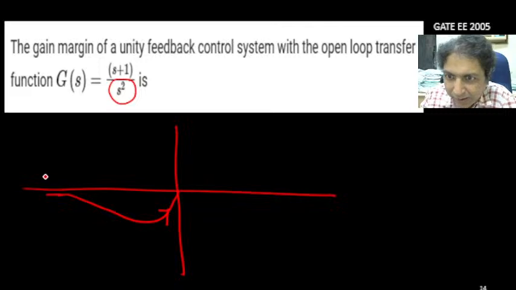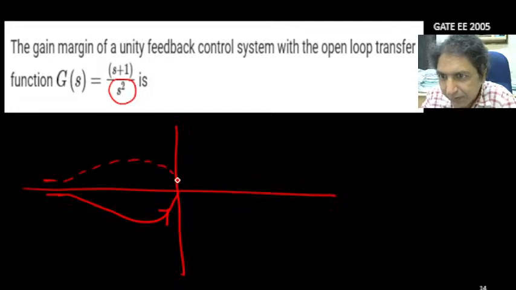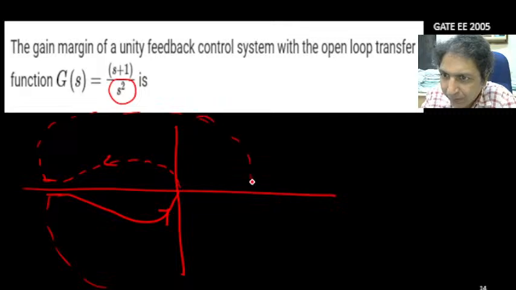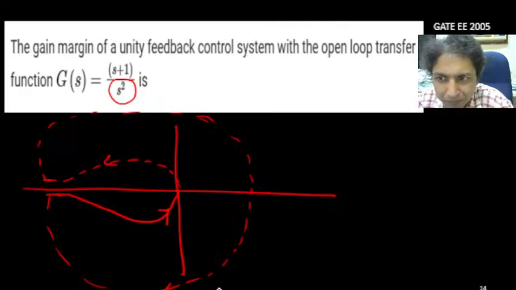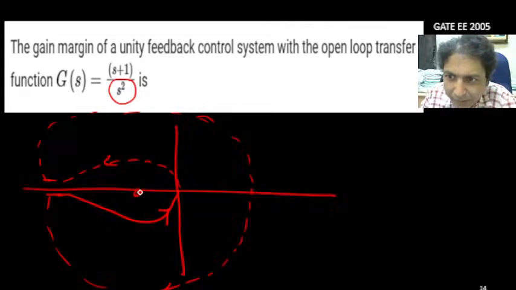So again on this side I can consider the Nyquist plot. So one full cycle will be there. In this case the minus 1 j0 point will be here.